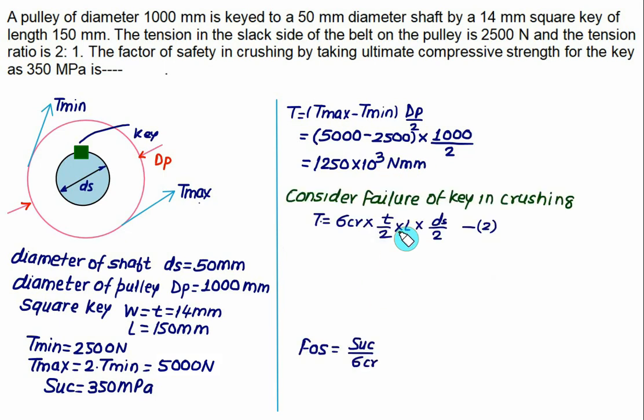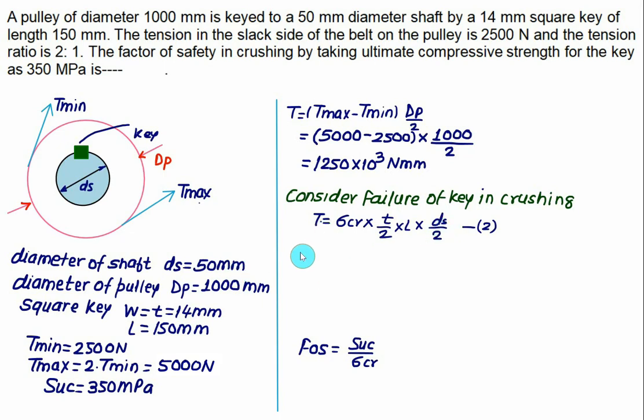Now consider here the failure of a key in crushing. In that case, we have crushing area T by 2 multiplied by L. Sigma crushing we can find out. Torque is known. Thickness is known, equal to 14. L is equal to 150. Diameter of the shaft you have to take as 50 mm.